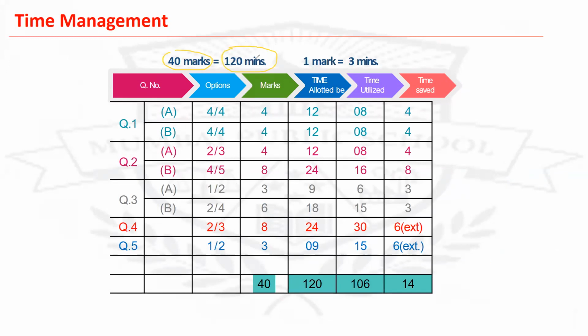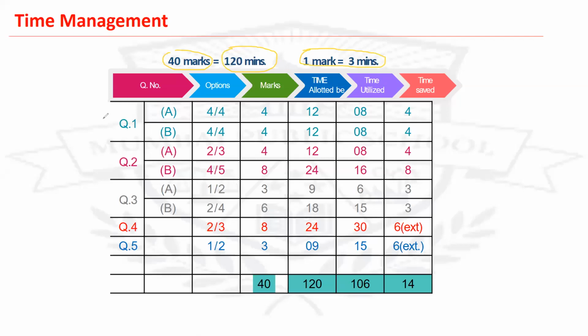So that means on an average, for 1 mark, you've got 3 minutes with you. So you have to waste that much time only. Don't waste much more time beyond that for any calculation, otherwise you'll run short of time.